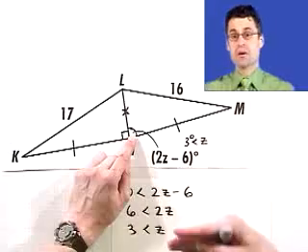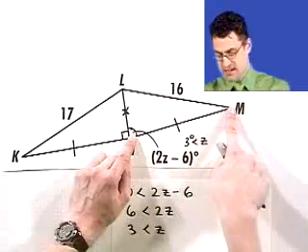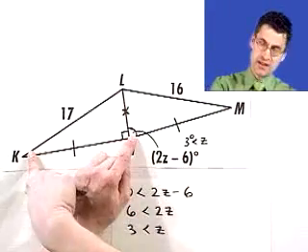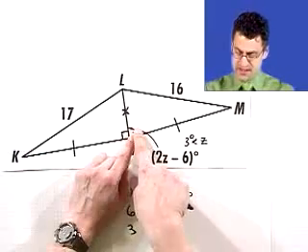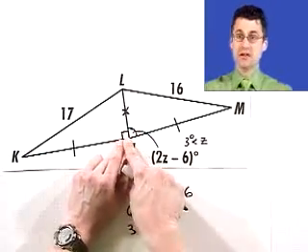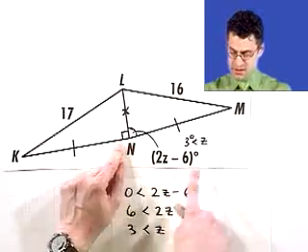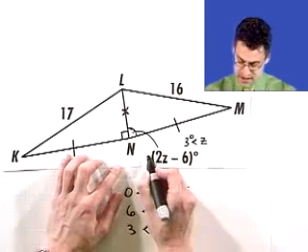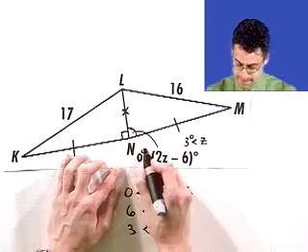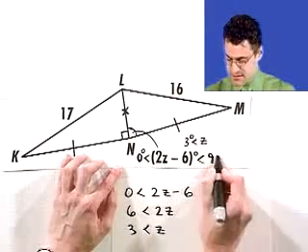So by the converse of the hinge theorem, since this side length is shorter than the corresponding side length here, then we know that this angle has to be smaller than this angle. This angle we see is 90 degrees, so this angle has to be less than 90 degrees. And so I see that this has to be between 0 and 90 degrees.